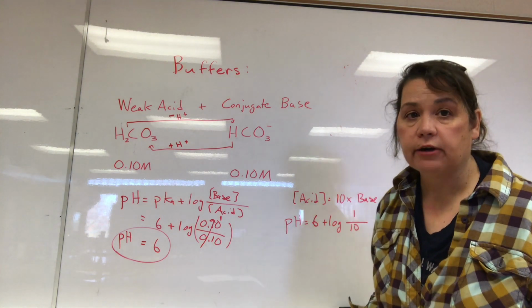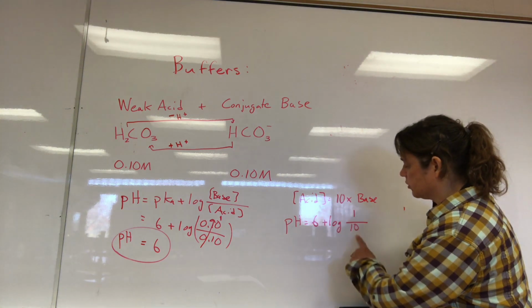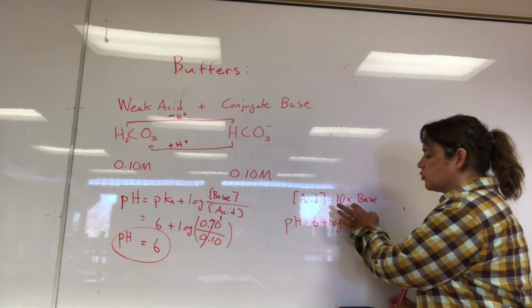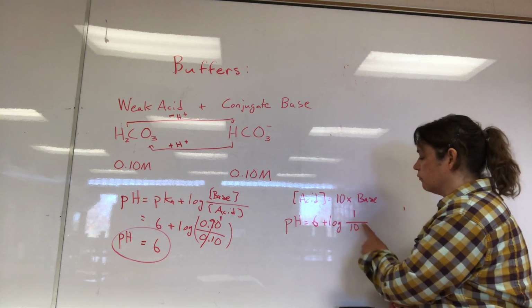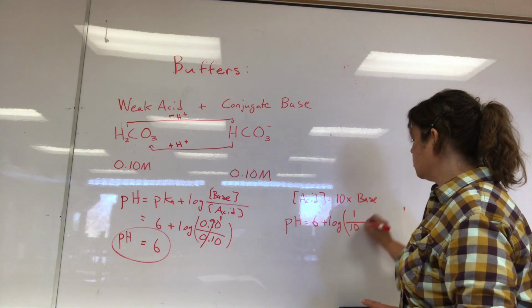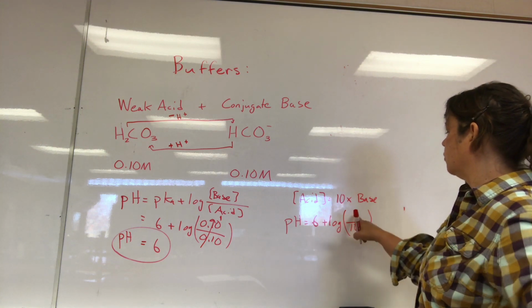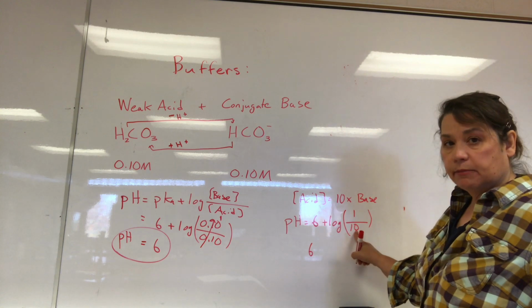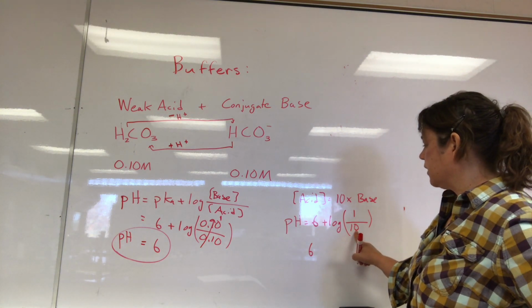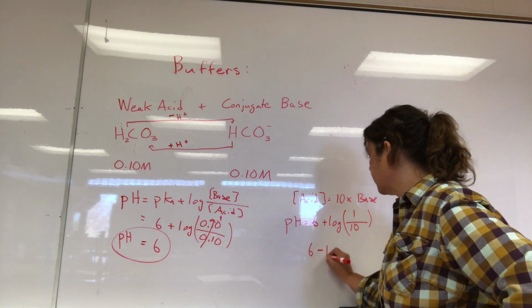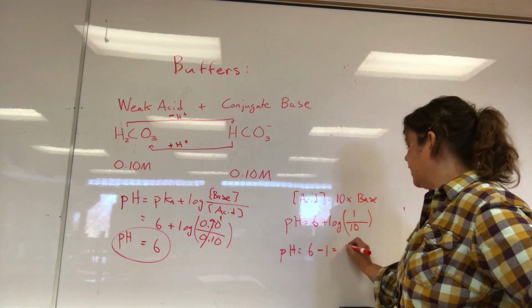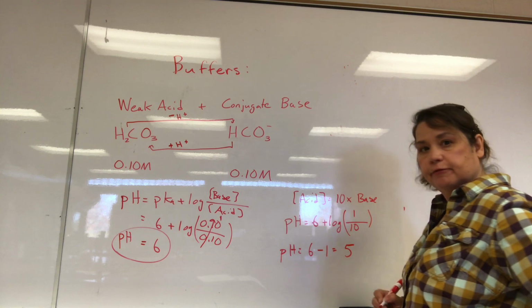It doesn't matter exactly what the concentration is, since this is a ratio. If the concentration is 10 times more than the base, this ratio will reduce to 1 over 10. So if you take the log of 1 over 10, that's the same as 10 to the minus 1, so that log is going to be minus 1. And this pH, you can do it in your calculator if you want, this pH will be 5.